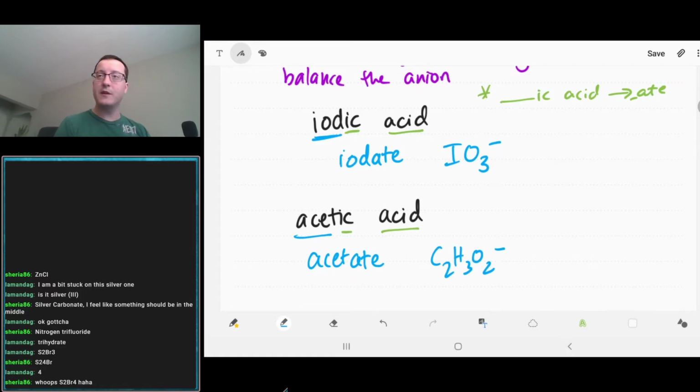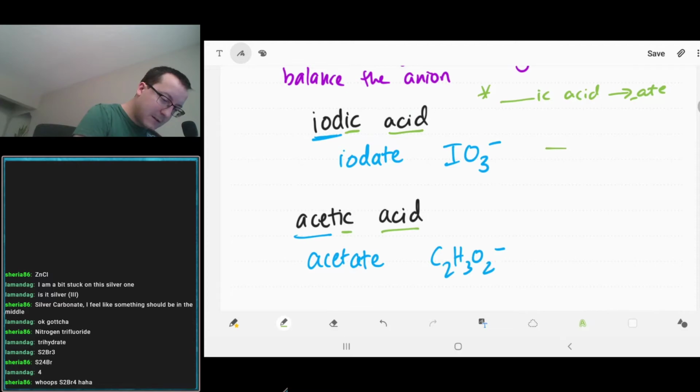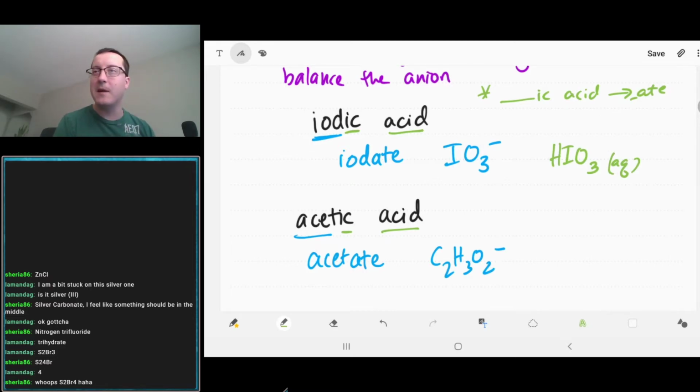And so both of these will only need one hydrogen to balance themselves out, because they're both -1 ions. And so once we put it together, we just need enough hydrogens to balance it out, and we just have to stick the aqueous part at the end.